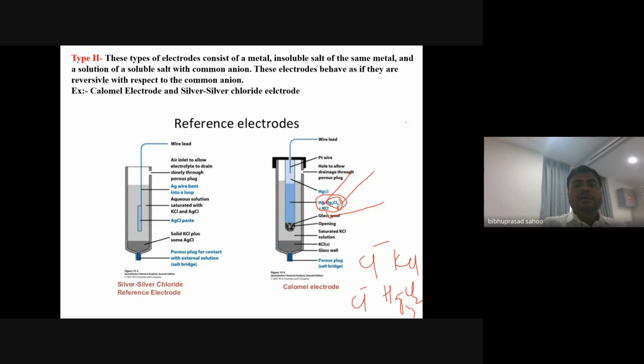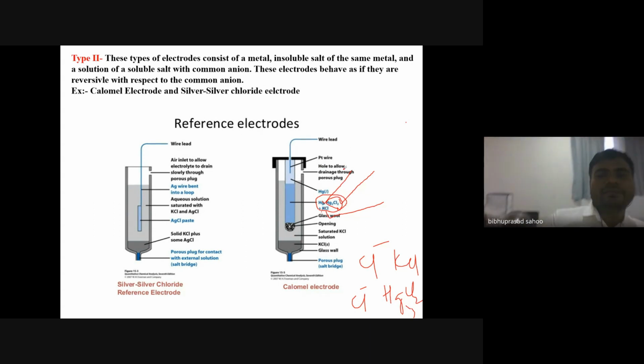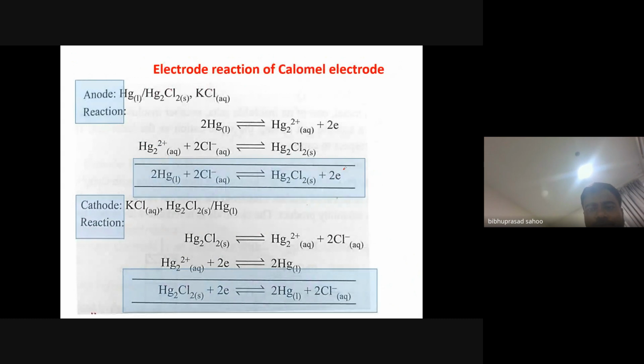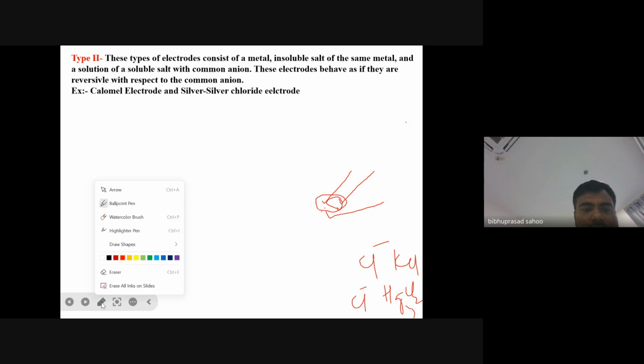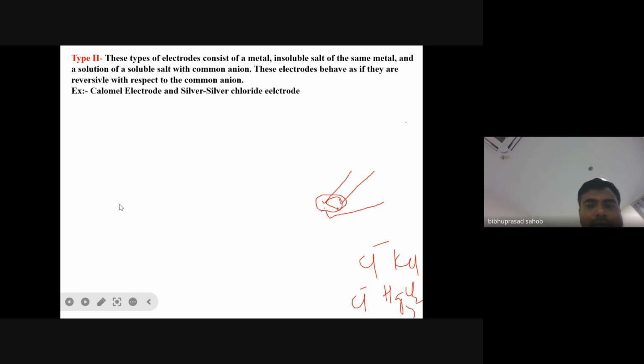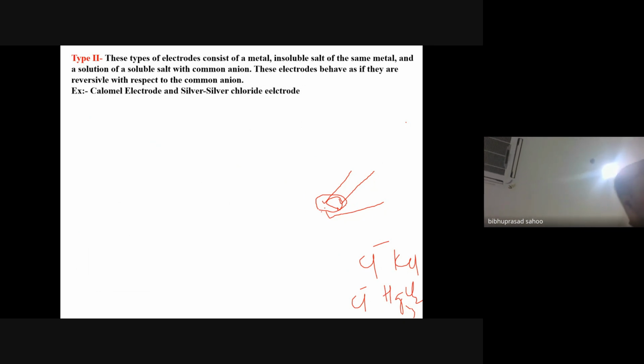Okay, student. So this is the calomel electrode. If you want to write it, it will be like that.